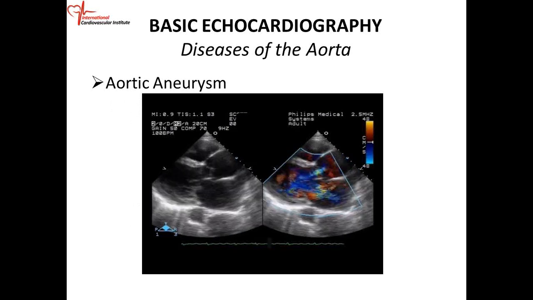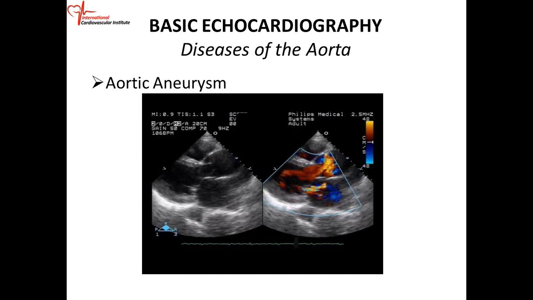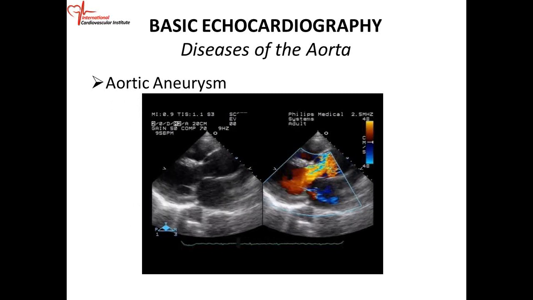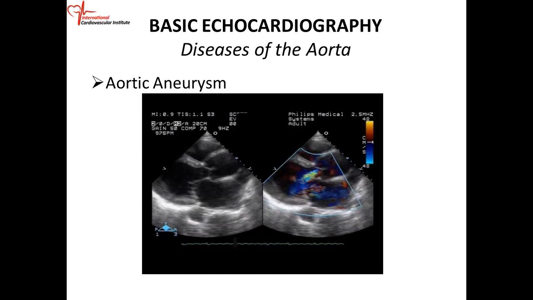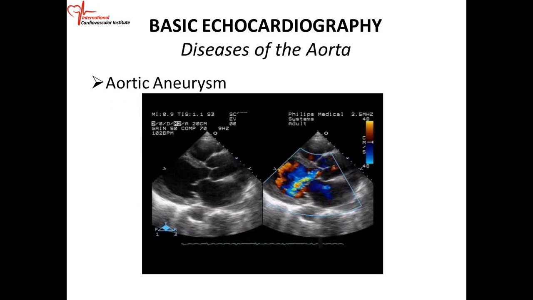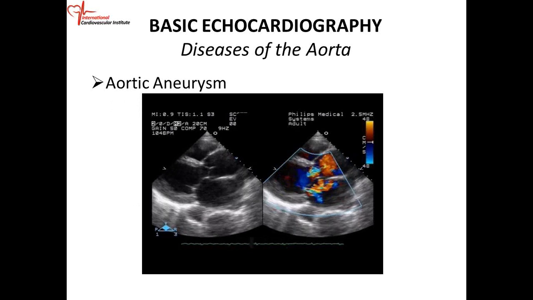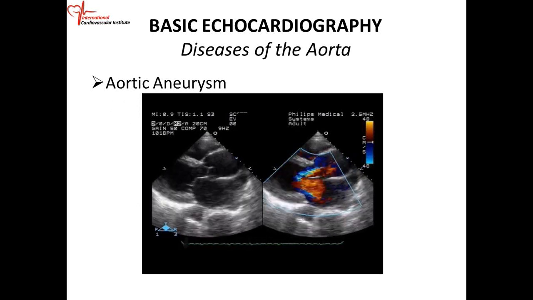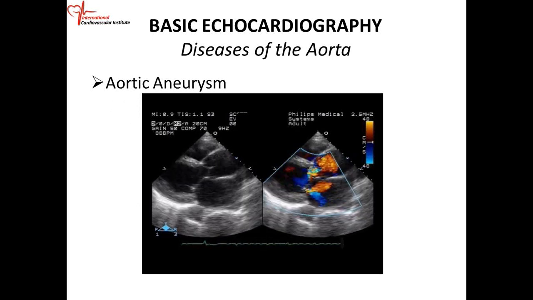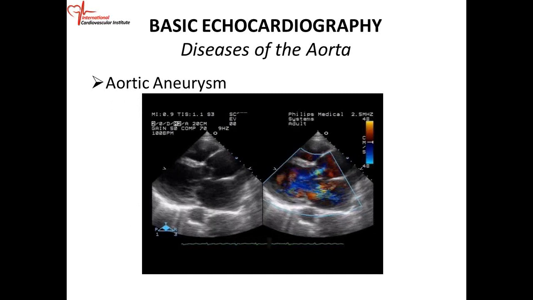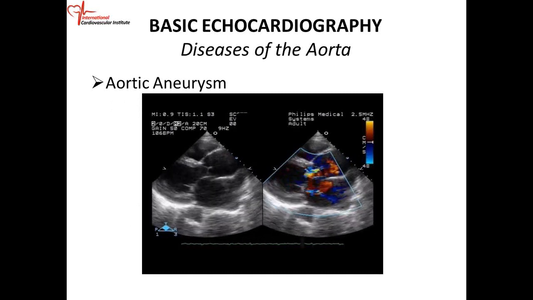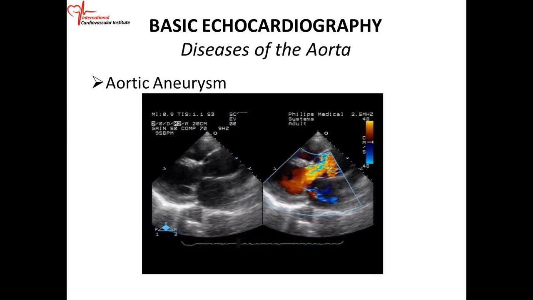So this is a transthoracic echo parasternal long axis view, and by just looking at your image, if you're accustomed to doing a lot of echoes, you can see that the ascending aorta is a bit dilated, and not only that, but you have aortic insufficiency.